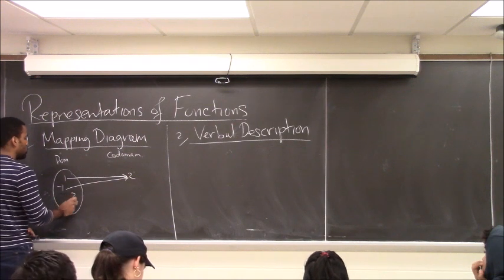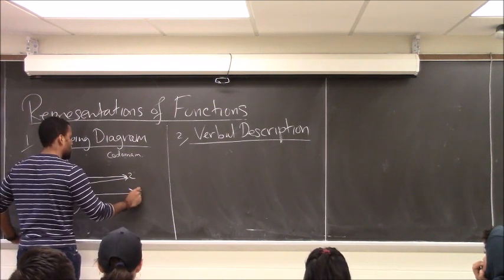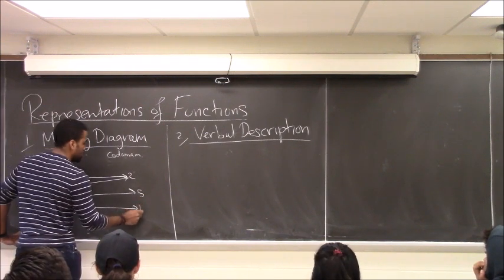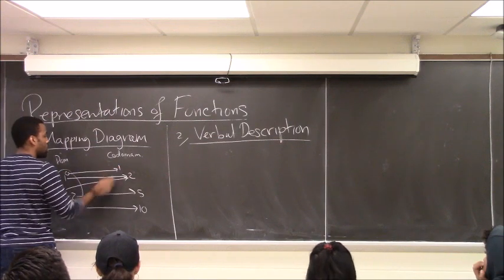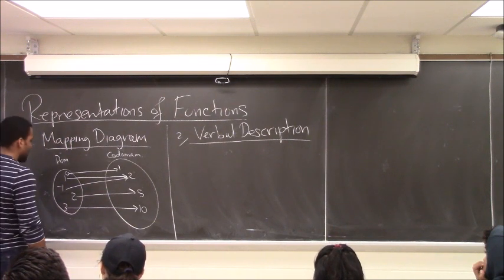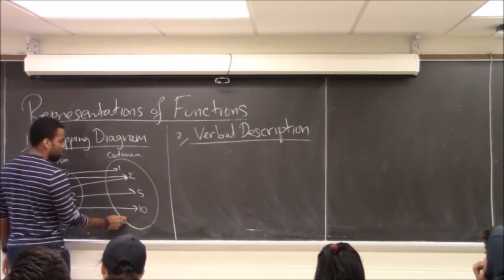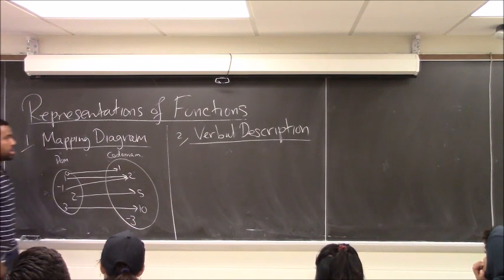It takes 2 and that connects to, say, 5. It takes 3, that connects to 10. It takes 0, that connects to 1, etc. I can also point out that there would be a -3 hovering out here, and nothing is going to connect to that.